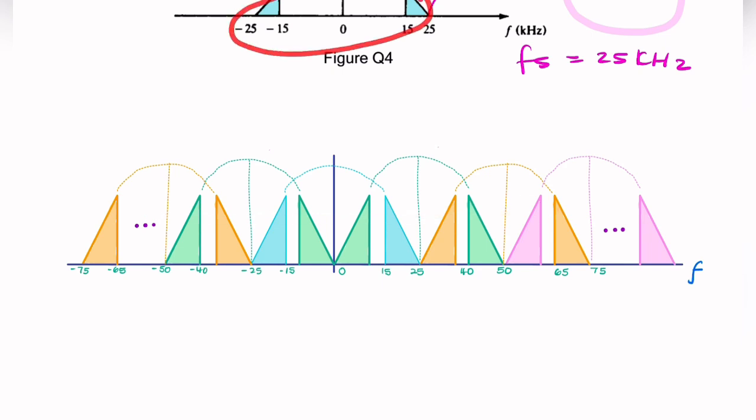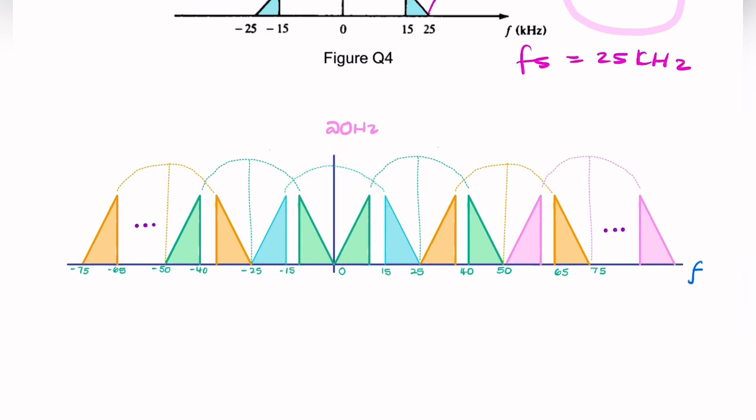Our first replica will be centered at 0 hertz, so that's this pair here. At 0 hertz, that's this and this. So these two are centered at 0.